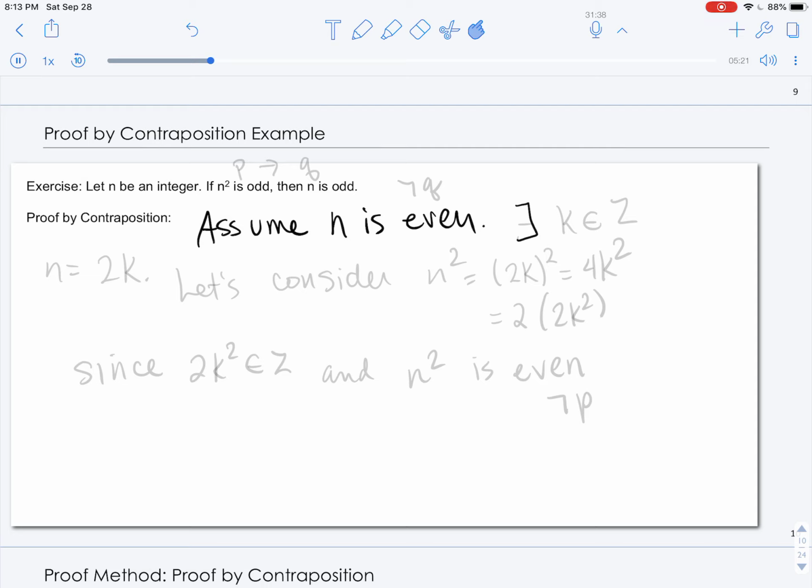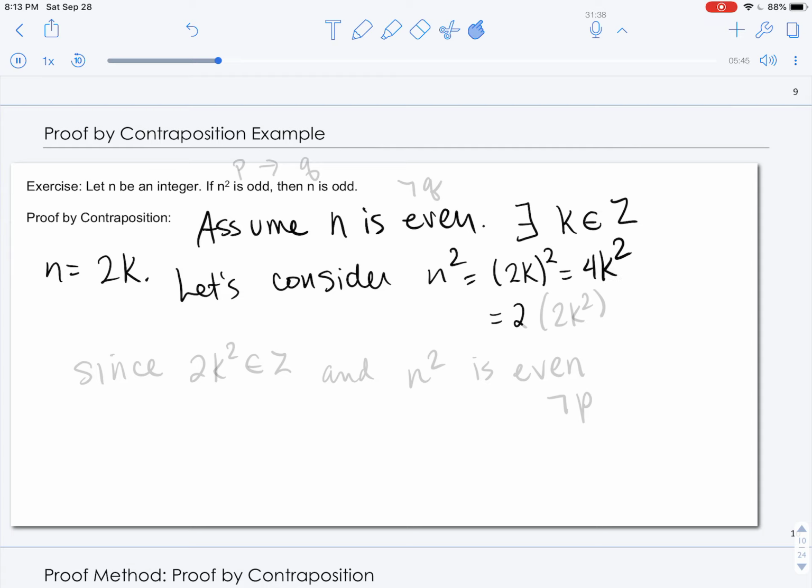That means there exists another integer k such that n is equal to 2 times k. Let's consider n squared. Using substitution, we can square 2k. When we do this, we get 4k squared.